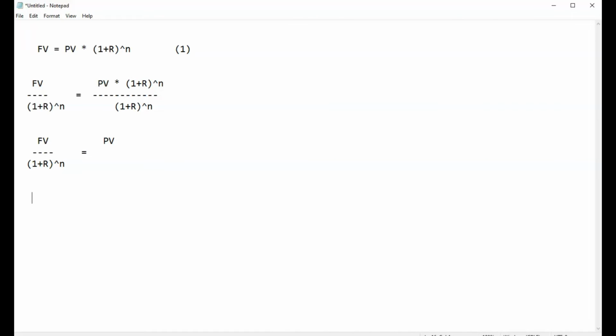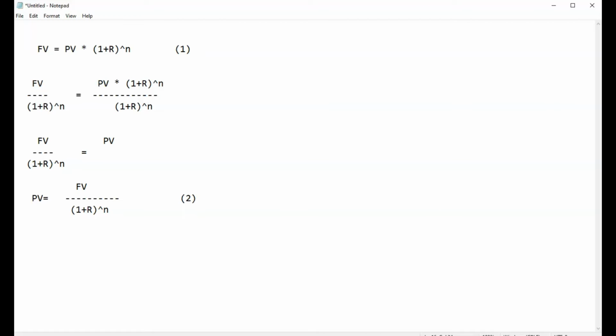Then we have present value equal to future value divided by (1 plus R) to the power of N. We call this one equation number 2.